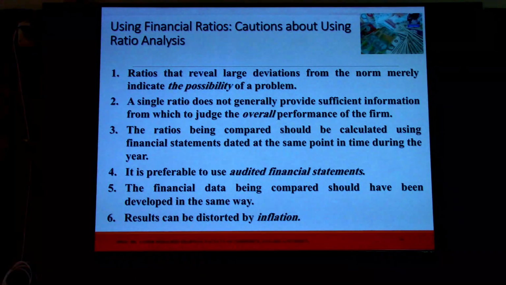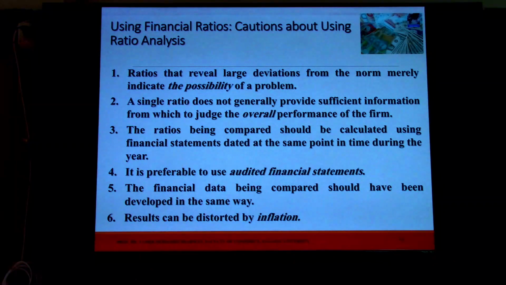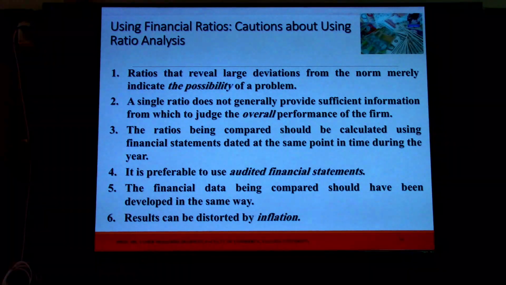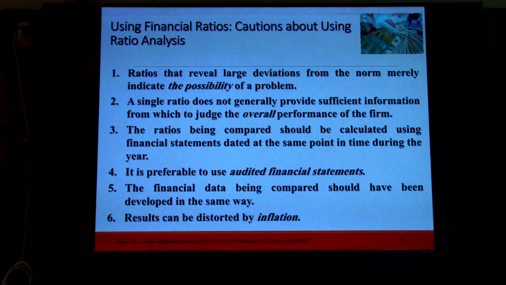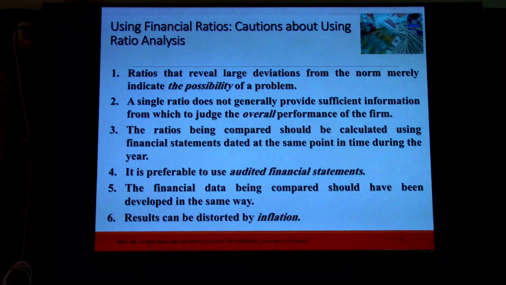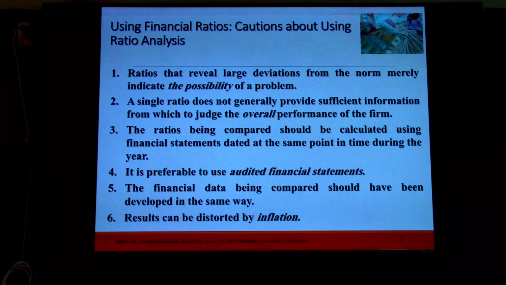Number one, a ratio that reveals large deviation from the normal merely indicates the possibility of a problem. If you find a ratio, and when we compare it with another ratio, or based on benchmarking or the industry average, you find a large deviation, a big gap as a result of such a comparison, in this case we are facing a problem in this area, and we must be careful about this.